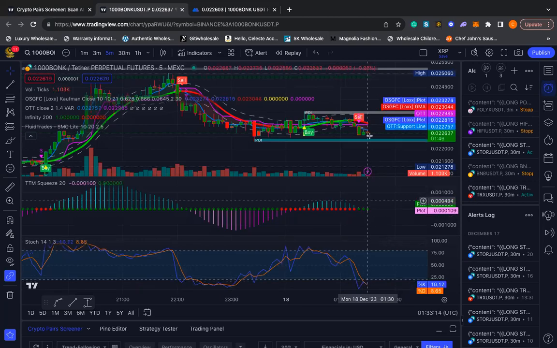Still showing green signals here as well on 1000 Bump. We're just waiting for the market to ride back up.